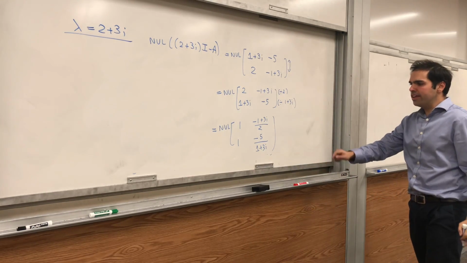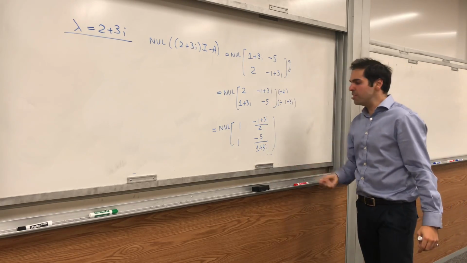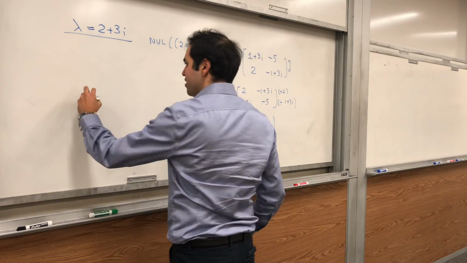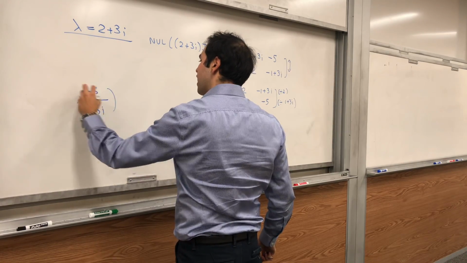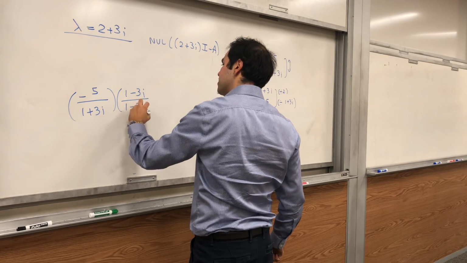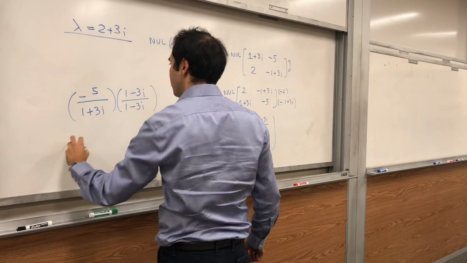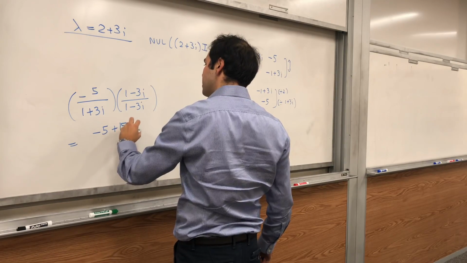The slow way is, well, we don't like i's in the denominator, so let's multiply by the conjugate. Let's do minus 5 over 1 plus 3i times 1 minus 3i over 1 minus 3i. And we get the numerator minus 5 plus 15i.